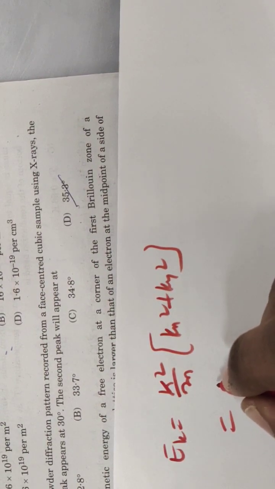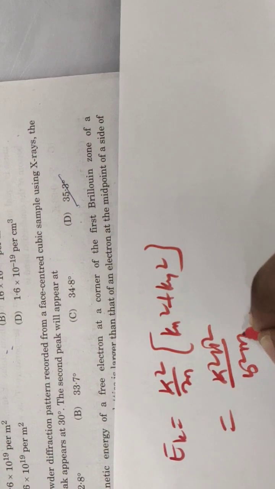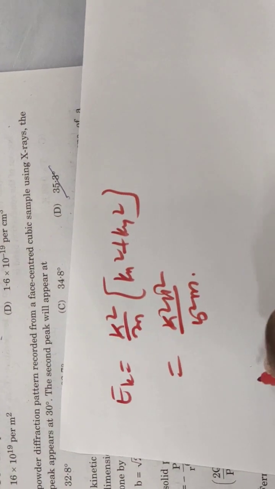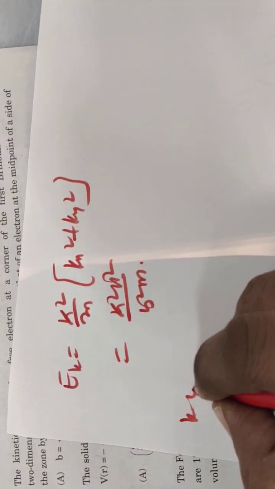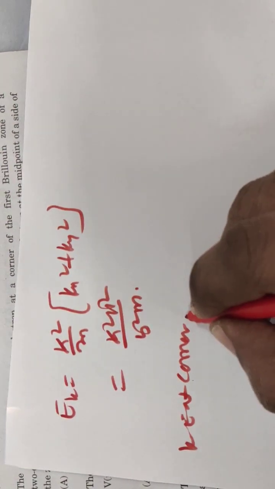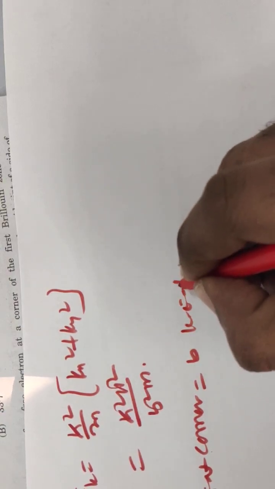If we solve this, we will get h cross square pi square divided by a square m, because also the kinetic energy at the corner is equal to B into the kinetic energy at the center.